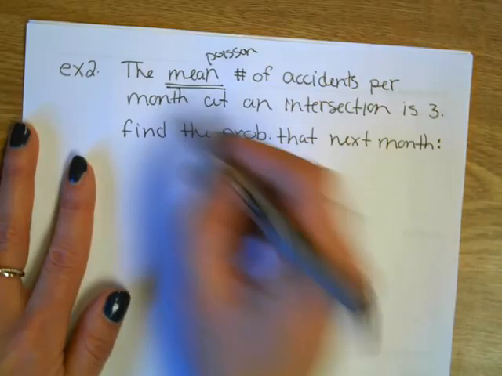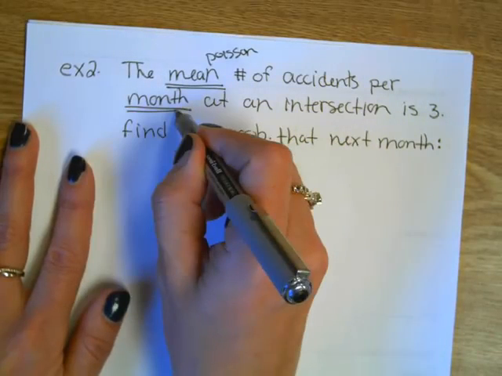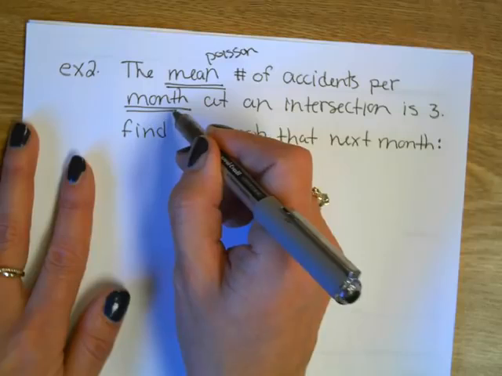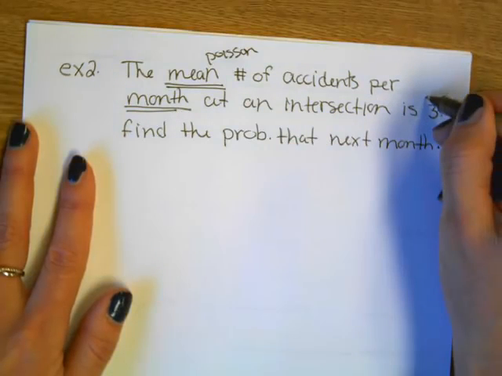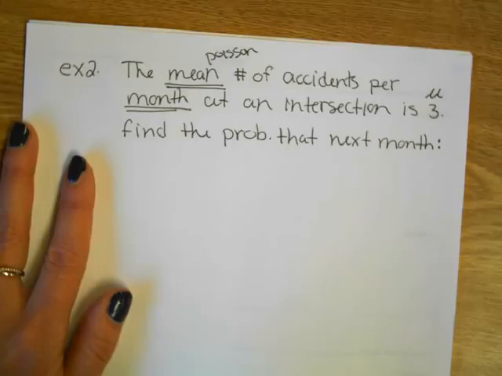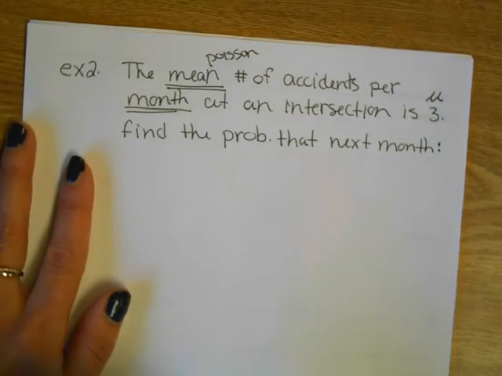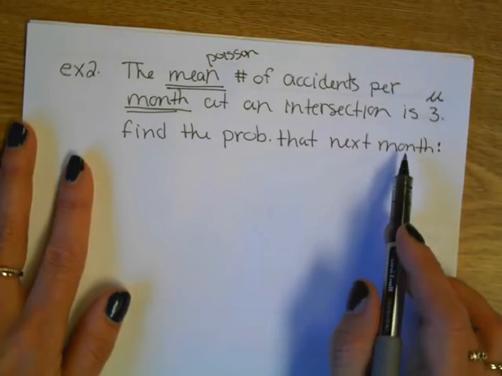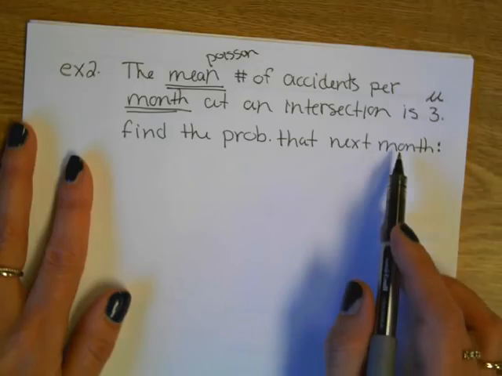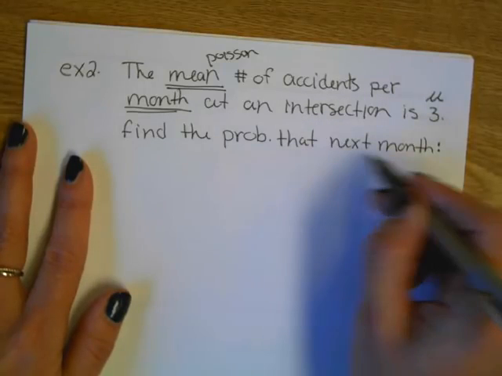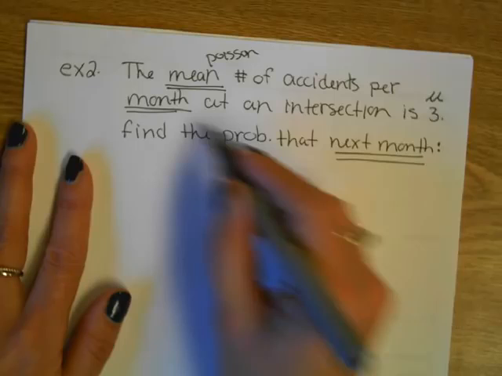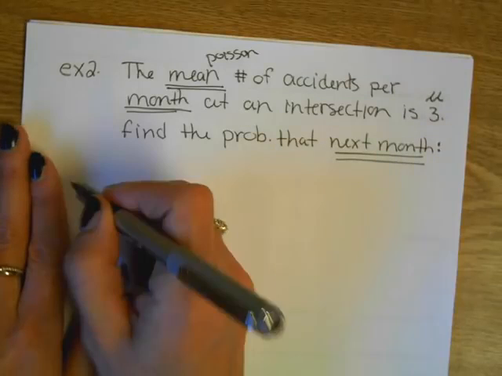So the mean number of accidents per month, that's our time interval, is 3. So that makes our mu value the 3. And notice the question has to be for the same time interval. Per month, next month. So those have to match.